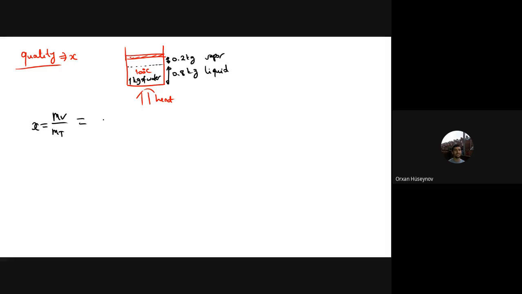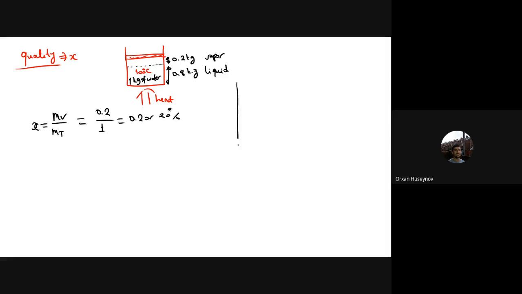Here you have the 0.2 kg vapor divided by the total mass, and it will make 0.2 or 20%. Okay. There is 20% quality, or 20% of the total mass is vapor. This is just a simple equation. You can get the rest.